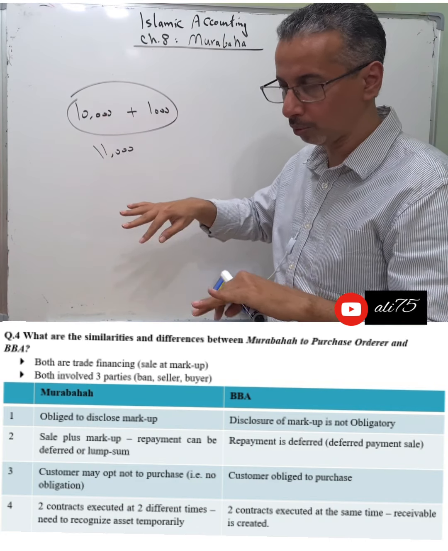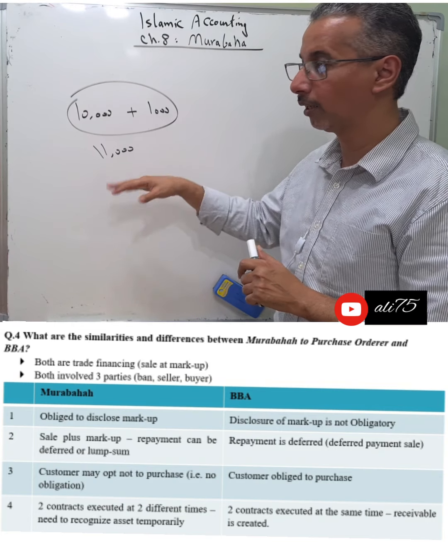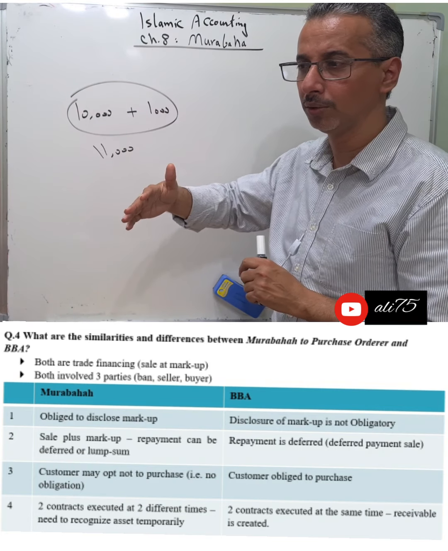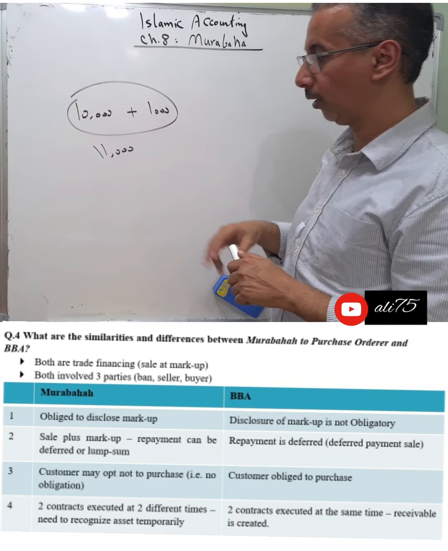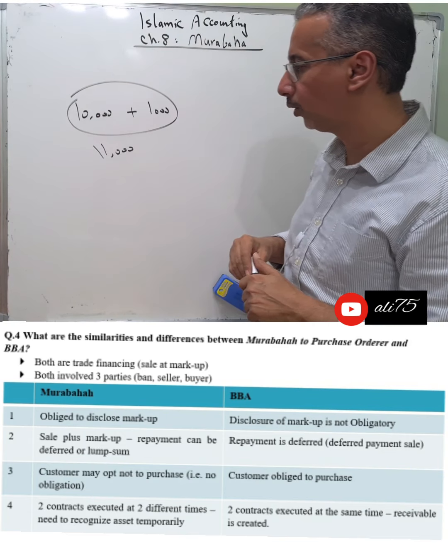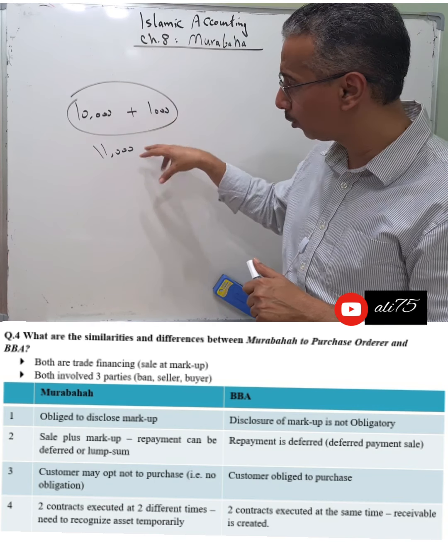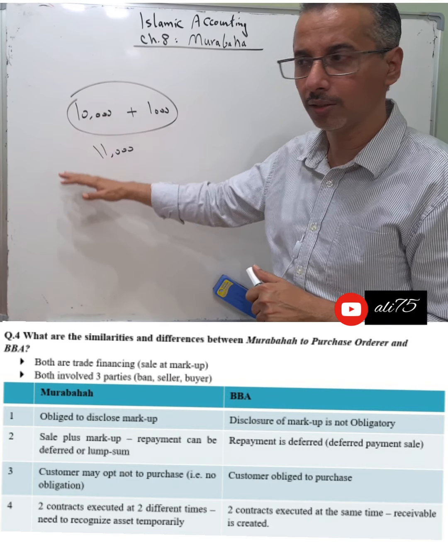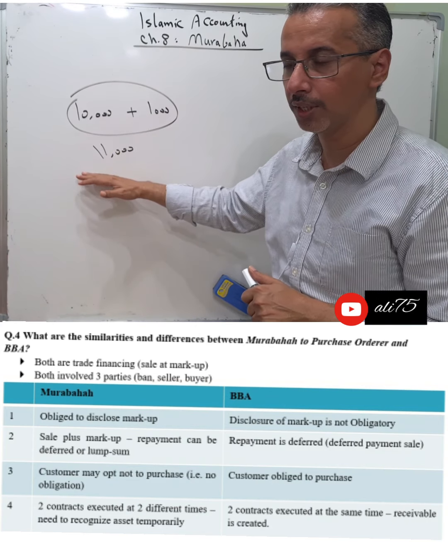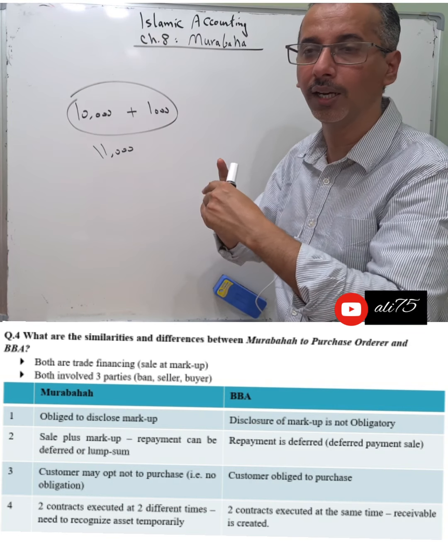The fourth difference: two contracts executed at two different times, needing to recognize the asset temporarily. Usually there are two contracts, but there is a gap between them. In Murabaha, the bank purchases the product and keeps it for some time, and the purchaser comes again and agrees. But in بيع بثمن آجل, the two contracts are executed at the same time. They go to the automobile showroom or the place where they sell that product, the employee of the bank and the purchaser.